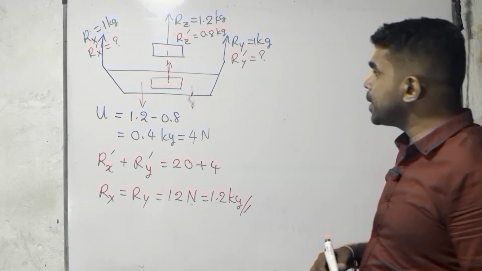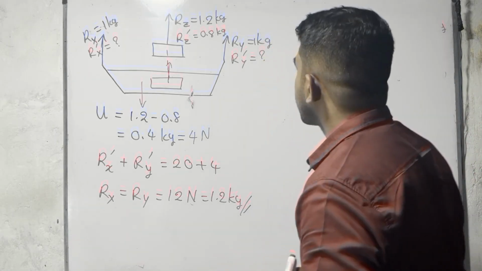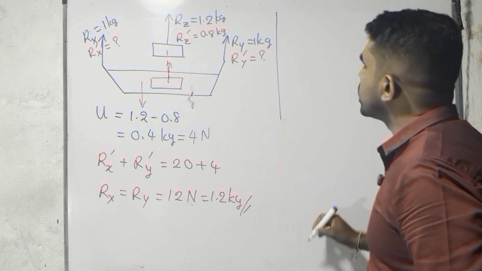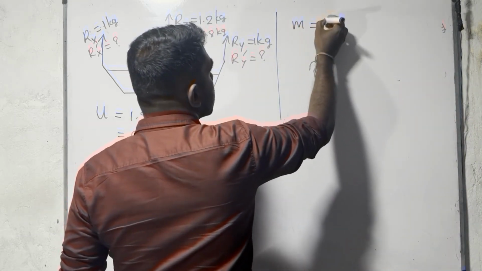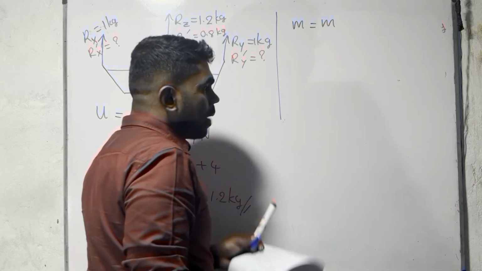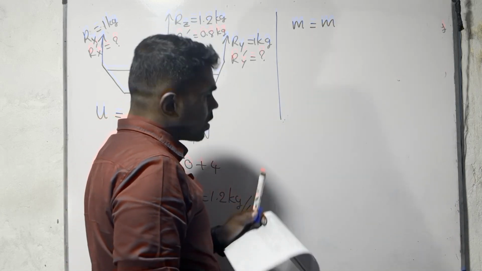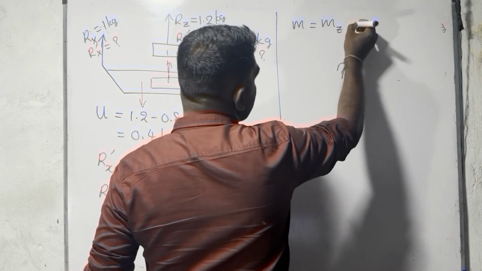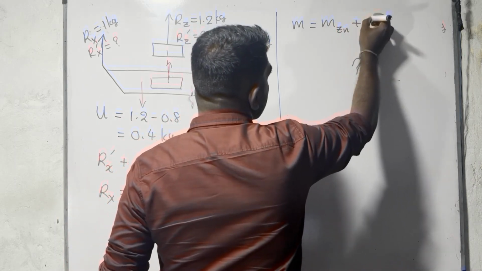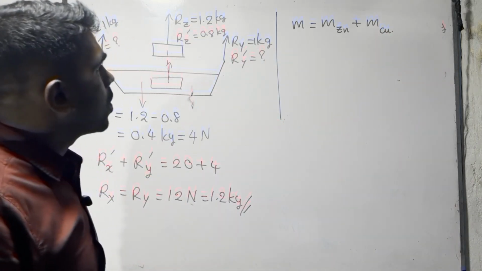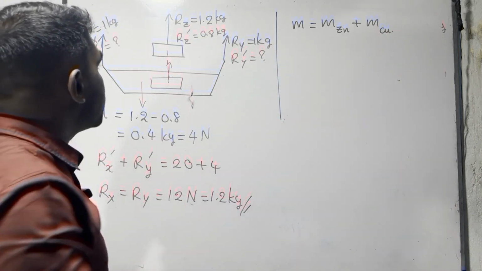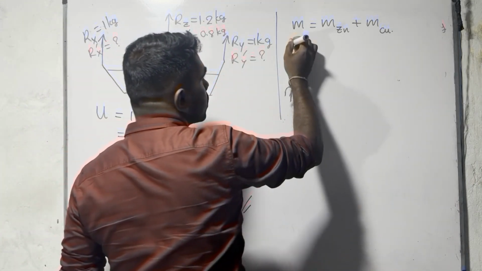Right, now we can get mass of block. Mass of block is zinc mass plus copper mass. We know that total mass is 1.2 kilograms.